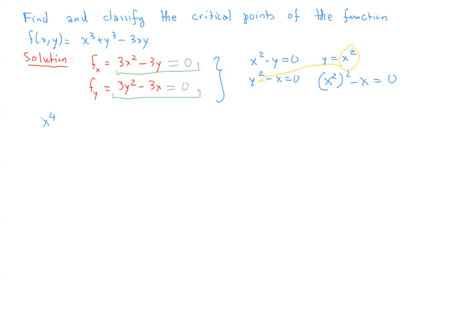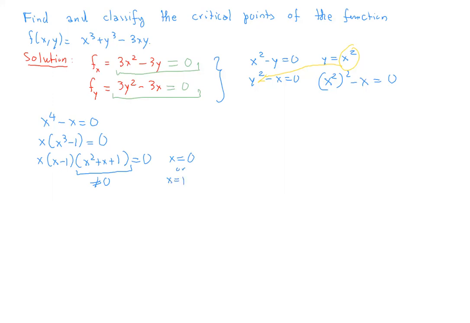Let's see if we can solve this. x to the fourth minus x is equal to 0, which gives us x times x cubed minus 1 equal to 0. And this can be further factorized as x times x minus 1 times x squared plus x plus 1 being equal to 0. And obviously, this last factor is never 0. So by using the first two terms, we find that either x is 0 or x is equal to 1.